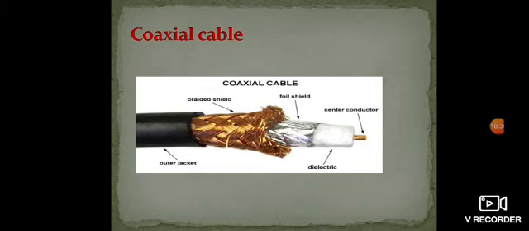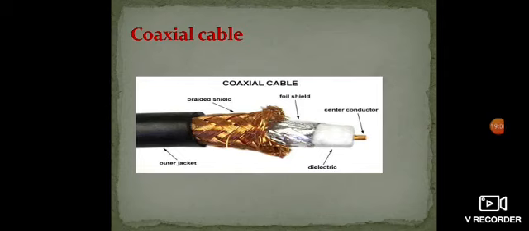When we have this construction, we have two conductors. The center conductor is insulated with an insulator, and above that there is also a shield, which acts as another conductor. So it is called co, which means two: the center conductor and the outer conductor.